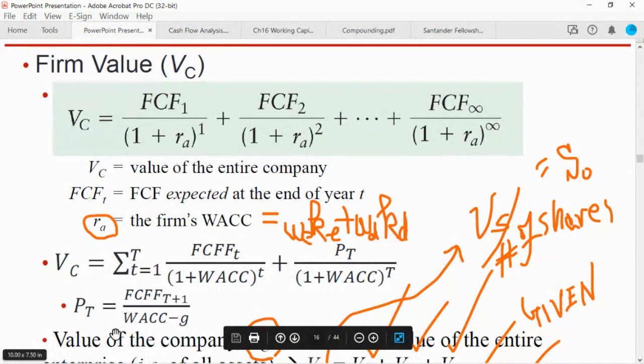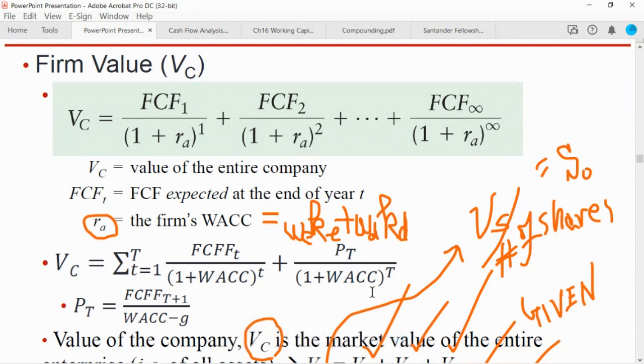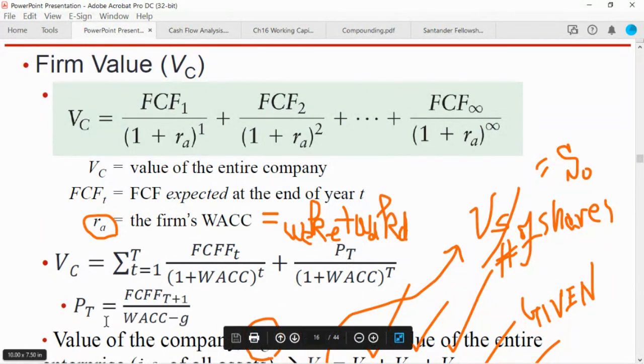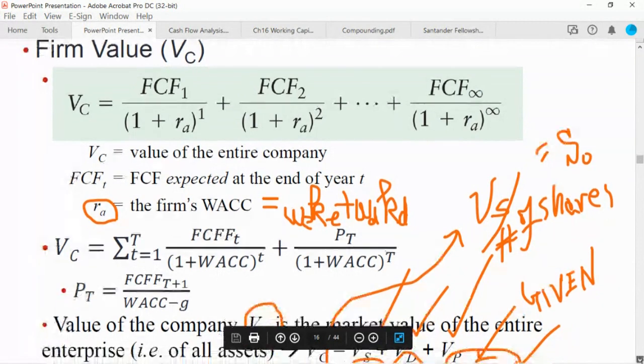And then here's an interesting thing. You see what's going on here? Free cash flow to the firm at time t plus 1 divided by weighted average cost of capital minus g. What's that g? That's the growth rate.